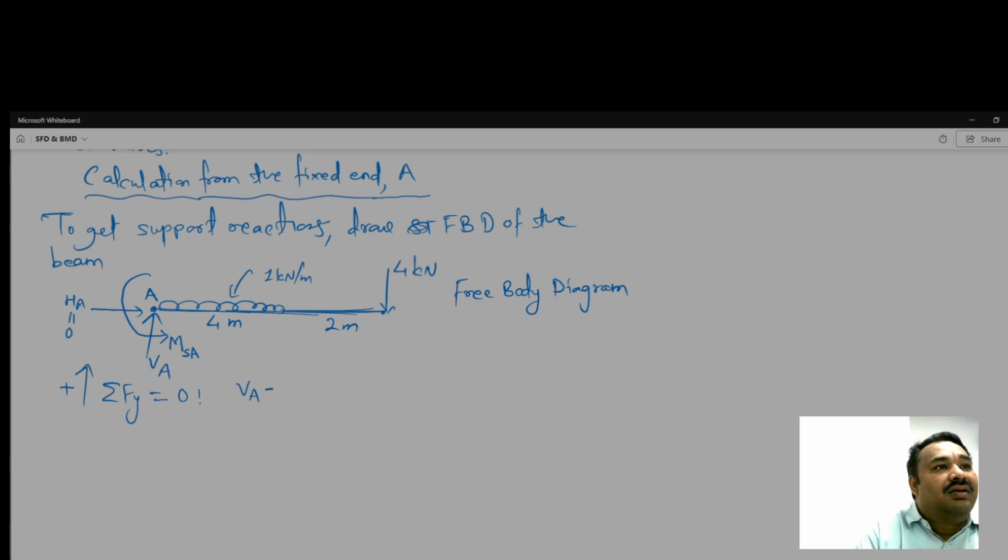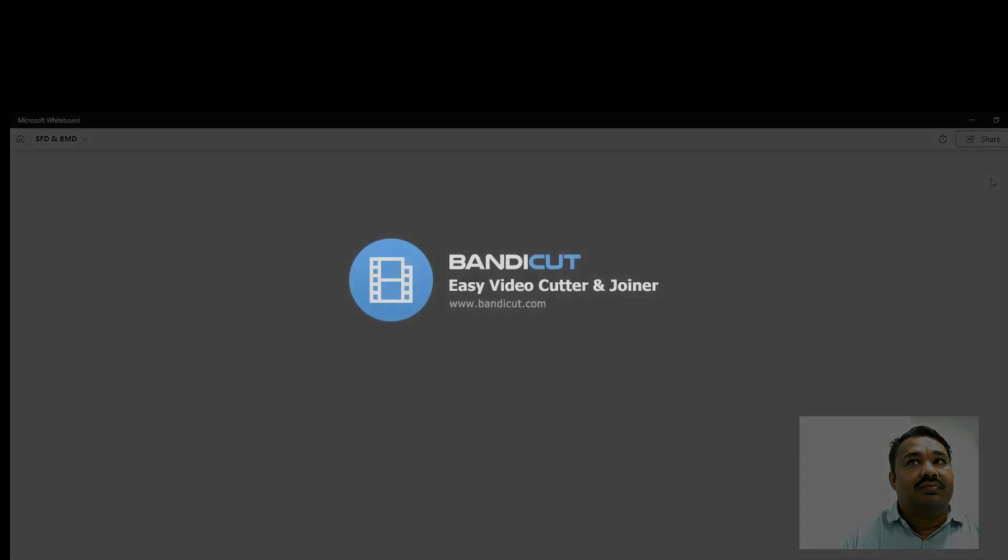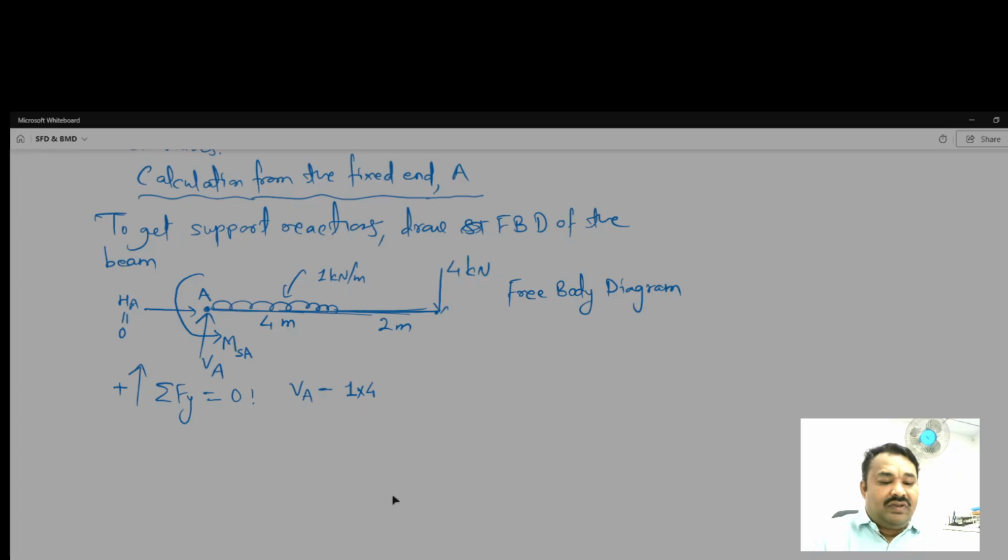And then, 1 times 4, the length span of the UDL, then minus 4, the point load working at C. And 1 multiplied by 4 is equal to Wx, where W is the load intensity and X is the length between A and B. So it is equal to 0, and we get VA is equal to 8.